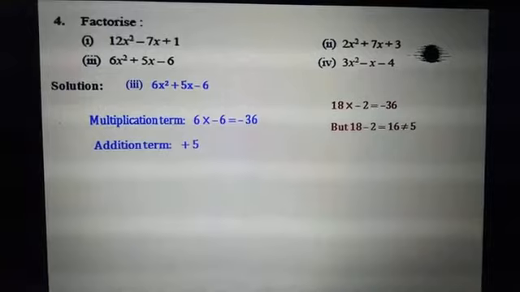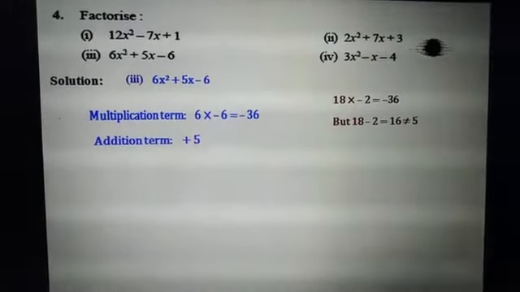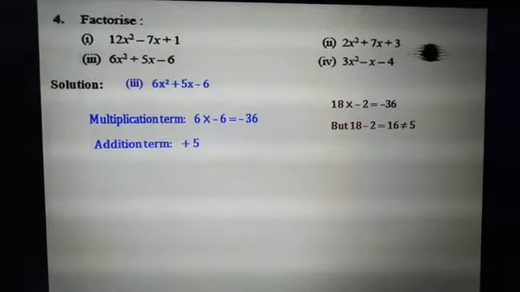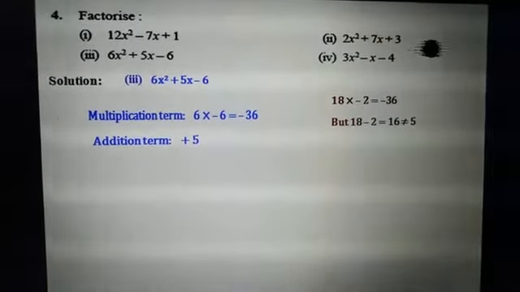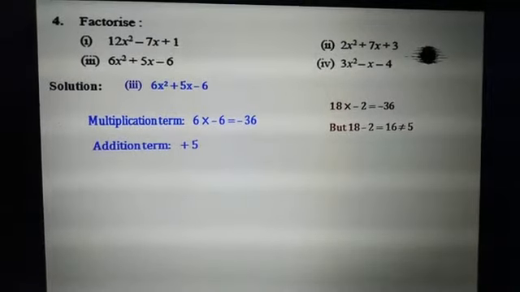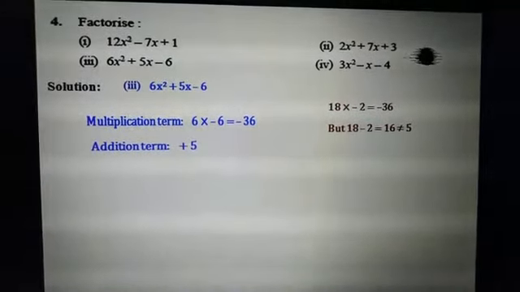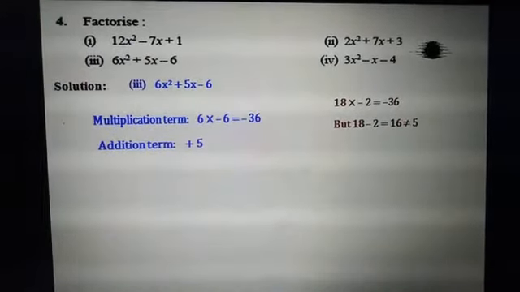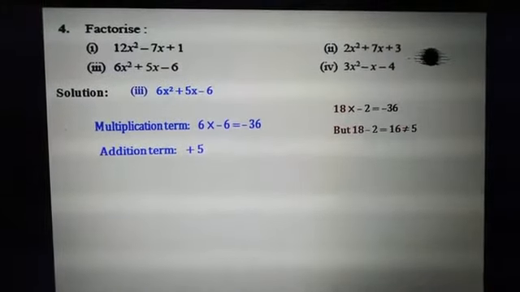First, I have one set of numbers, that is 18 and minus 2. When we multiply 18 and minus 2, we will get minus 36. So it satisfied the multiplication term. But 18 minus 2 is 16, that is not equal to 5. 5 is the addition term. So these two numbers did not satisfy the addition term.